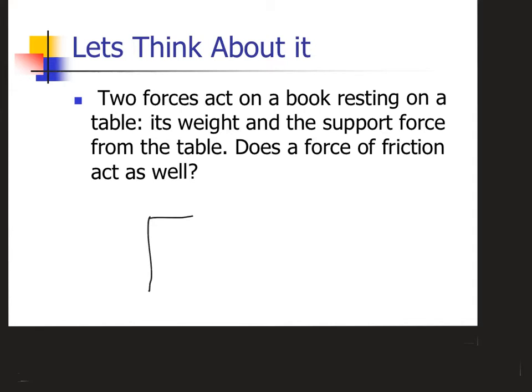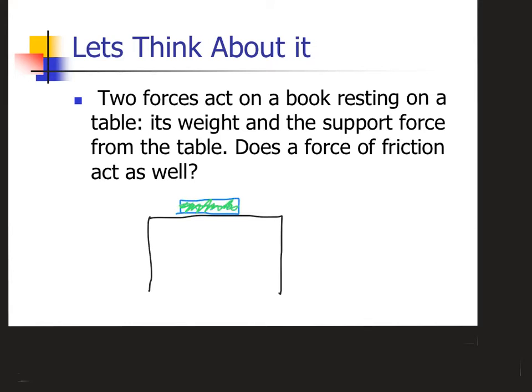We're just going to draw a very rudimentary table, and say that a book, and I'm just going to draw a rectangle for the book, is resting on it. Maybe I'll color it in a little bit so we can see some things. It's a book.